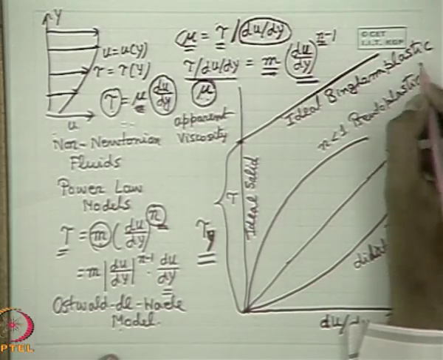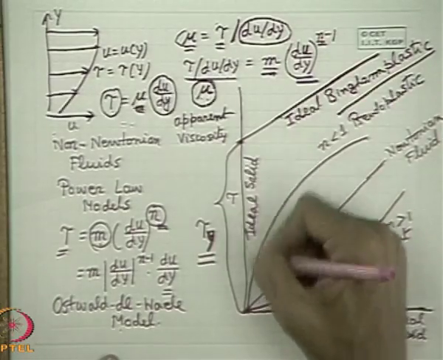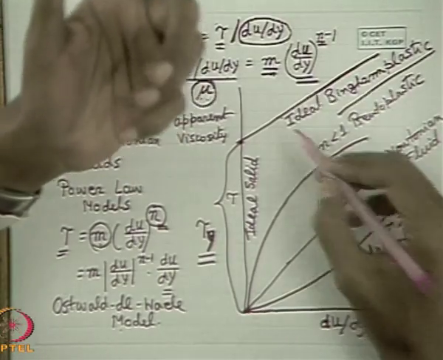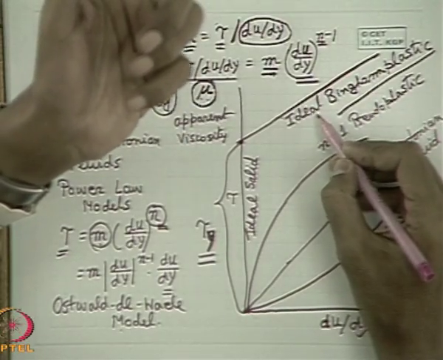Bingham plastics are those substances which require a certain yield stress to flow. You know, our paste and this type of liquid require a certain minimum stress for the flow to take place. And in the case of ideal Bingham plastic, the relationship between stress and velocity gradient or strain rate becomes linear.